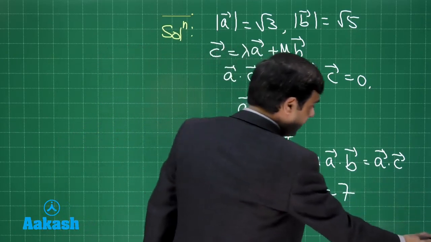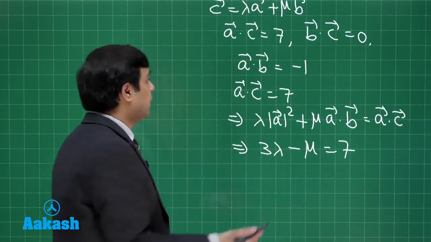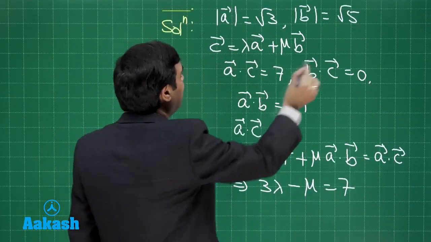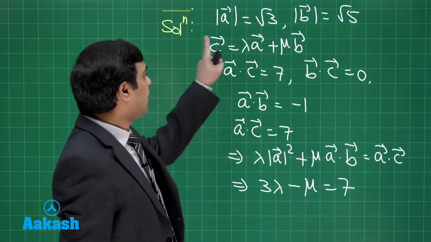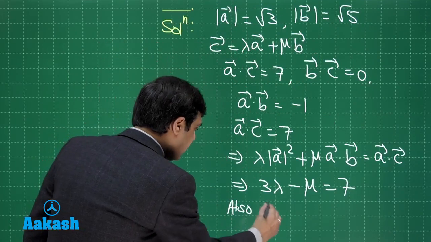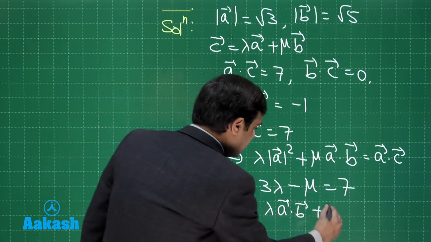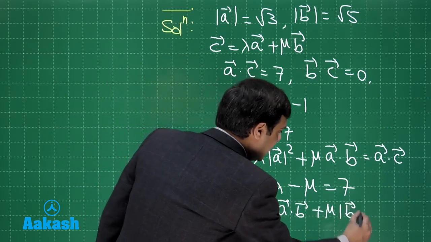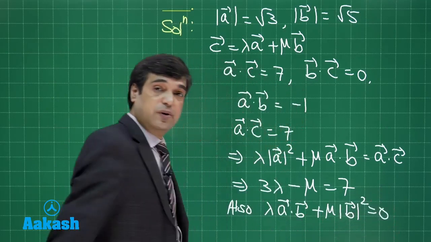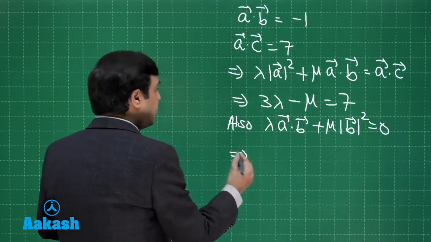Next, when you go for b dot c is 0, taking dot product of b with c, what you will be getting? Lambda times a dot b plus mu times mod b square is equal to 0. Now, going forward, we can put the values.